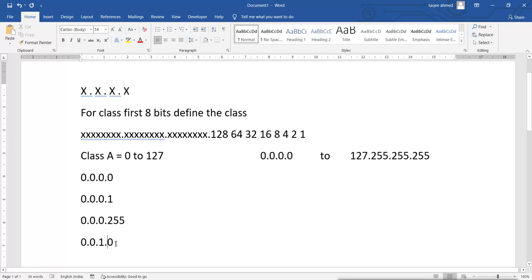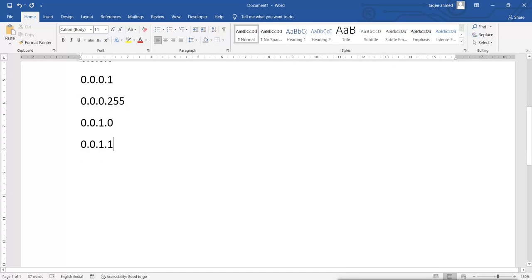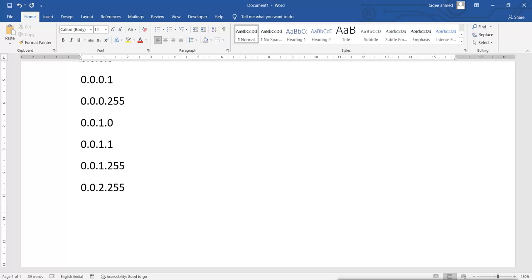So actually it will start again from here, like next it will be 1.1, then 1.2, 1.3, 1.4. One time comes when it will become 255 again. Just like another 60 seconds, this will be 2 and then this will be 255 again.